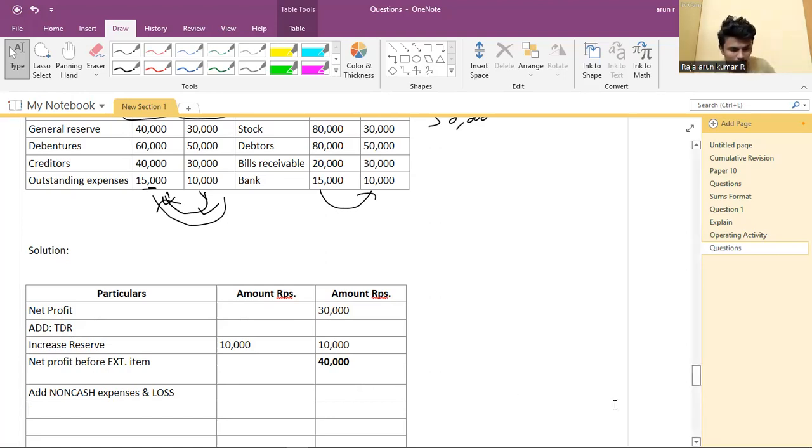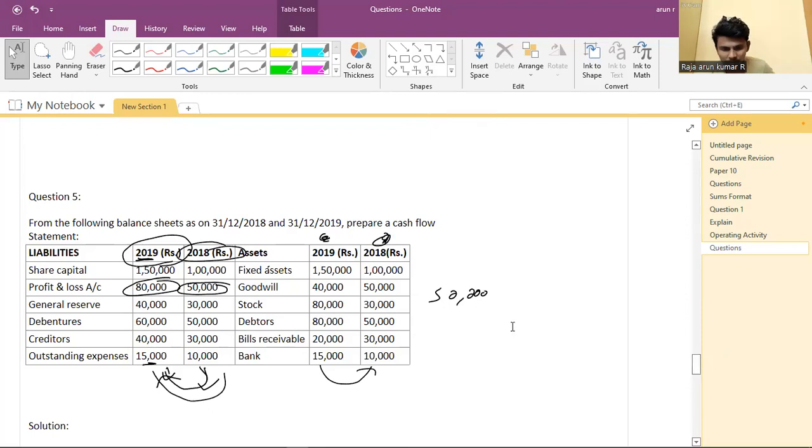If they have given anything like that, yes, they have given goodwill. The goodwill opening is 50,000, closing is 40,000. You simply say the difference is there is no adjustment; the difference is written off as depreciation. First thing, we note it down and go to the sum. Okay, goodwill.